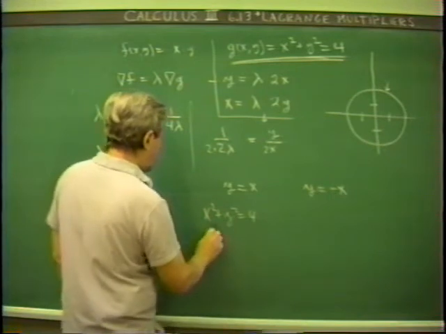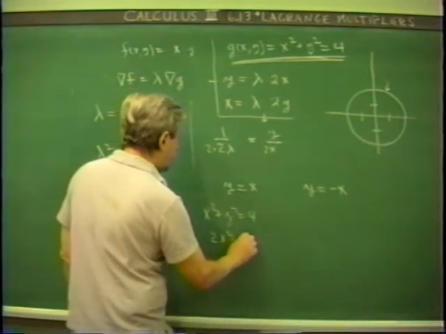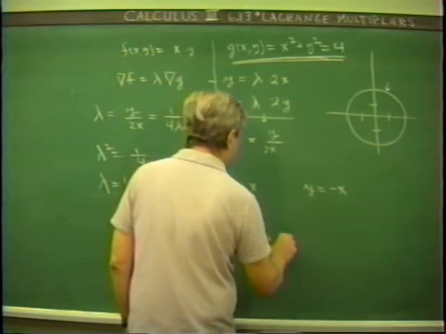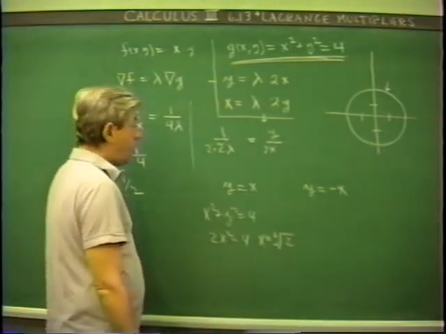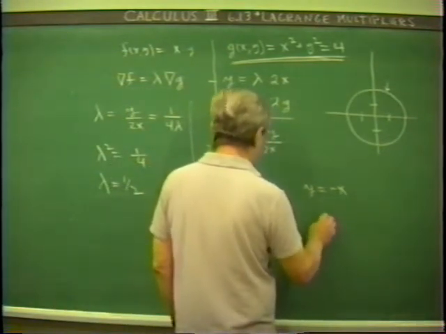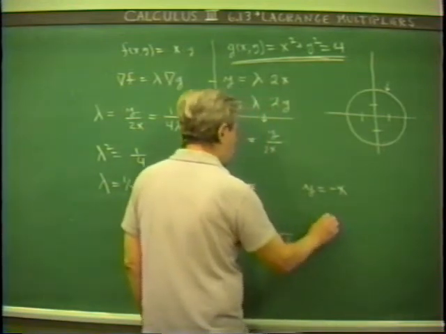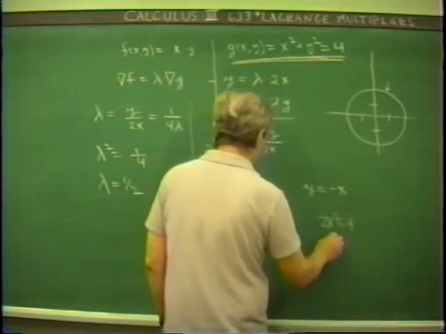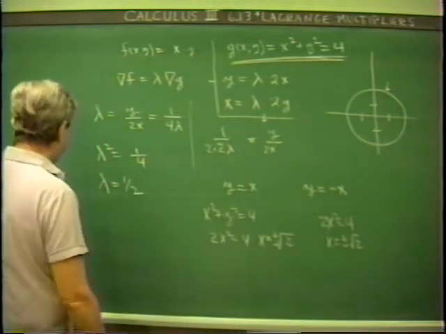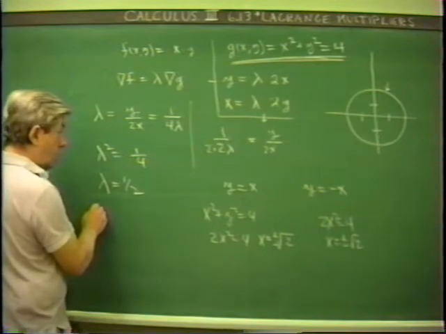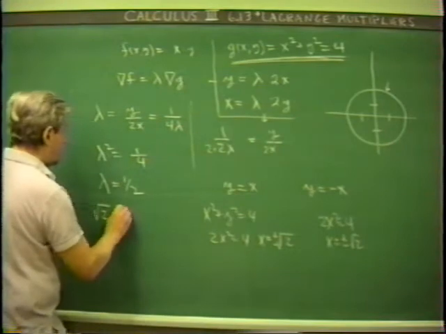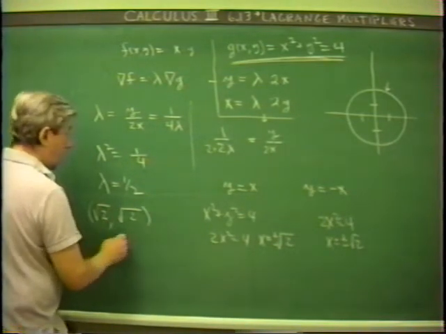Now, if we go back to the fact that x squared plus y squared is equal to 4, if y is equal to x, then what have we got? We've got 2x squared is equal to 4, or x is equal to plus or minus the square root of 2. If y is equal to minus x, again we've got 2x squared is equal to 4, and x is equal to plus or minus the square root of 2. So altogether we end up with 4 candidates.